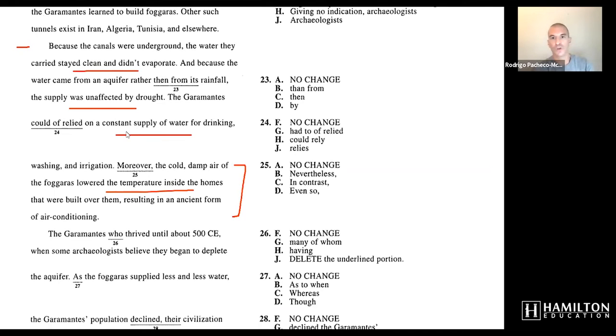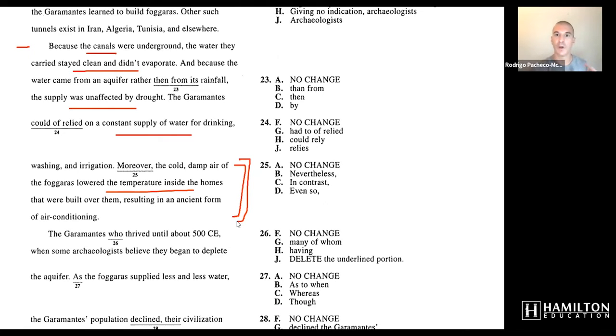So these are all good things that came out of these canals, out of this underground system. And these are all different points related to that idea, right? That there were benefits to these canals. So we can think of this sentence as additional information, because that's what this sentence is doing.